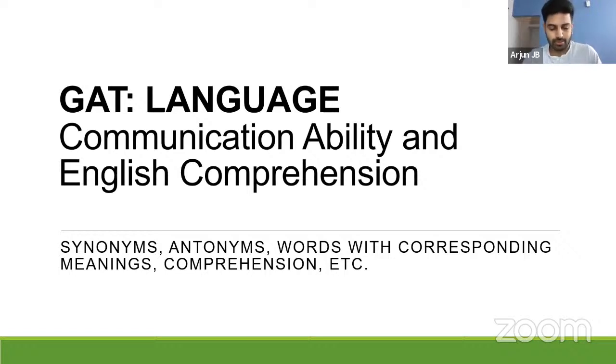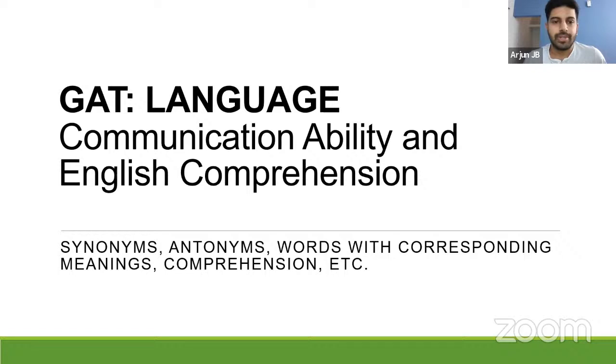Before I start with what exactly the general aptitude test is and why Nift has such a part in their examination: it is basically to understand the kind of language you are comfortable with, and your reach of knowledge in terms of vocabulary, usage of words, and communicating what you have in yourself to a third person. All these abilities are tested by institutes like Nift or NID to ensure that the candidate they select has the ability to convey what they have in their mind.